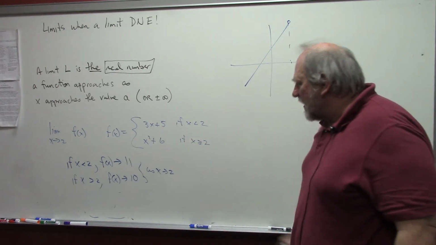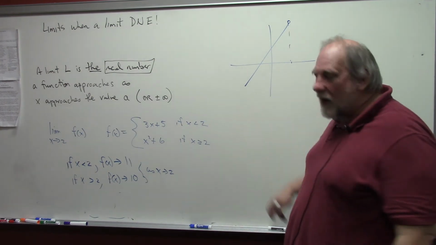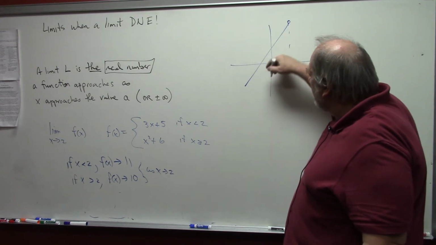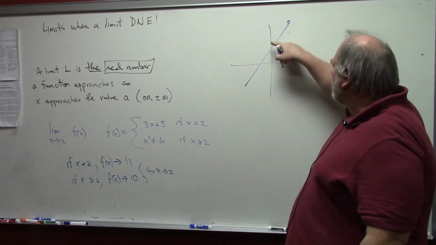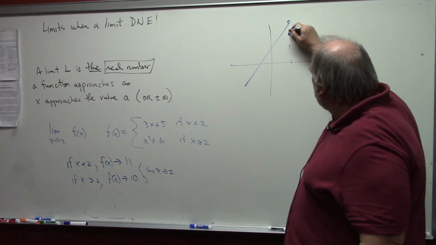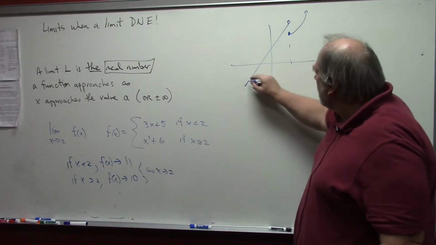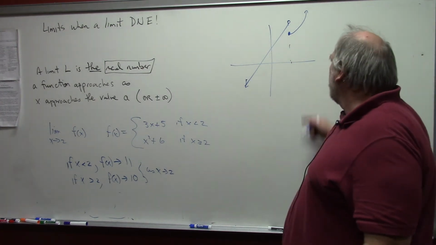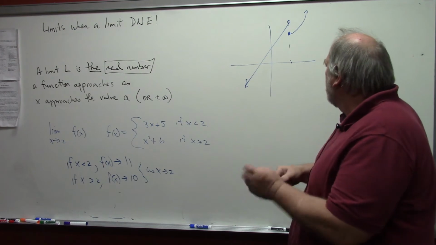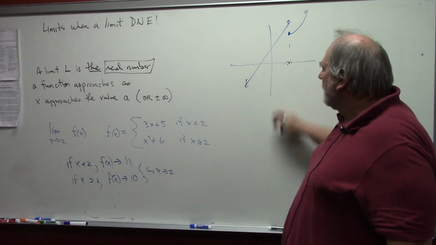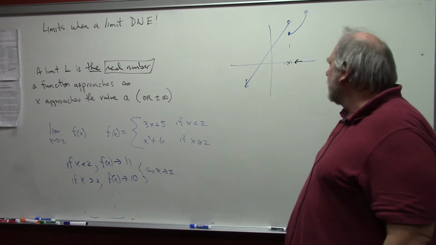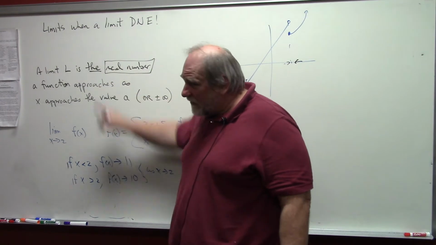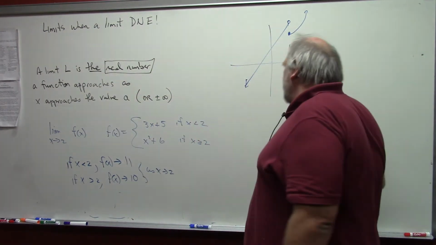On the other side, this is a quadratic with a graph of a parabola, and the vertex would be at (0, 6), but we don't really care about that. We get something that looks like this. Notice from the left, my functional value is approaching 11. From the right, my functional value is approaching 10. Therefore, because it doesn't approach a singular value, the limit does not exist.